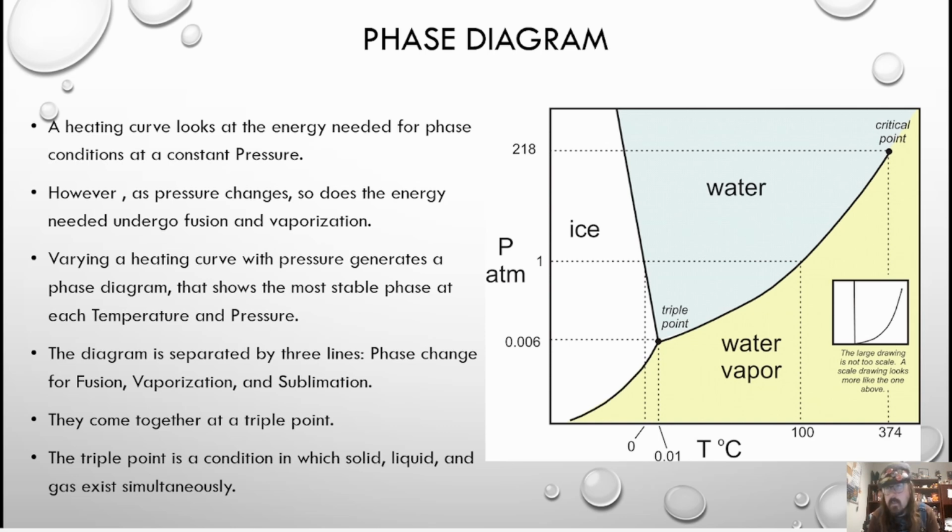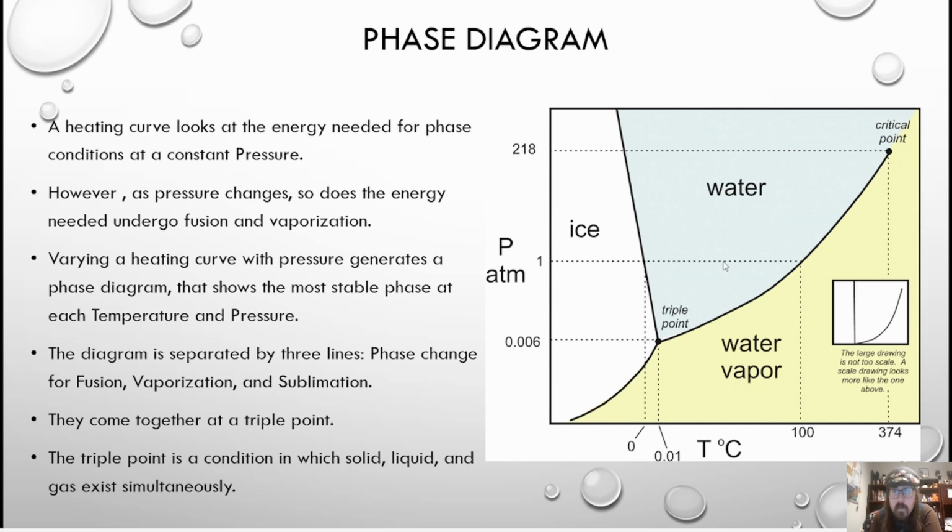Depending on the heat transfer, you might have more ice or more water, but you have ice and water. When water is at boiling, you have some water vapor and you have some liquid water. Depending on how much temperature is going into it, you get different amounts of liquid versus gas. Well, at the triple point, it means we have some solid, some liquid, and some gas present all at the same time.